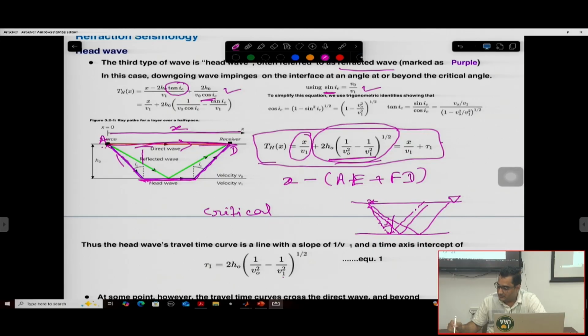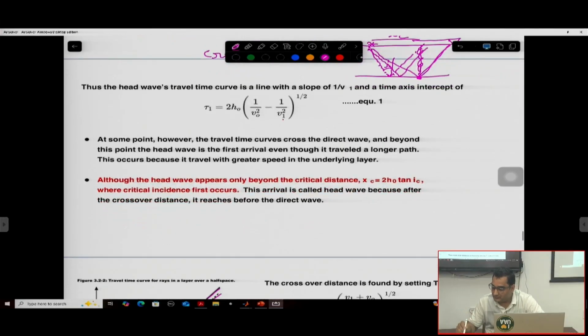So this is the first instance where the head wave starts to appear, and this distance on the surface from the origin will be known as the critical distance. Sorry, not this distance, this distance after the reflection will be the xc, the critical distance. Are you getting me? Because here it will be received at the receiver. So this is what is written.